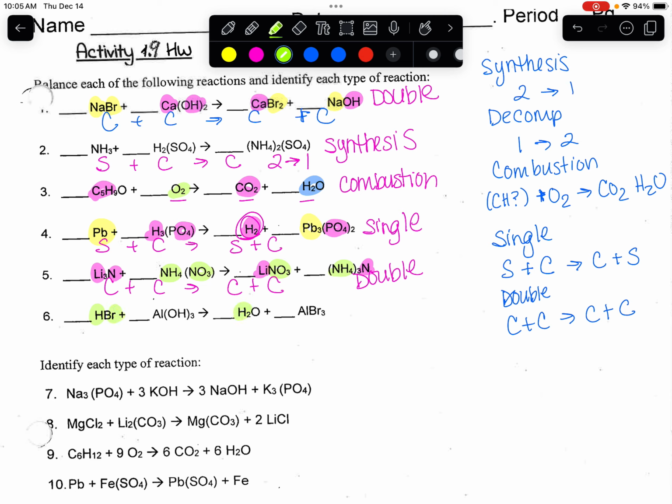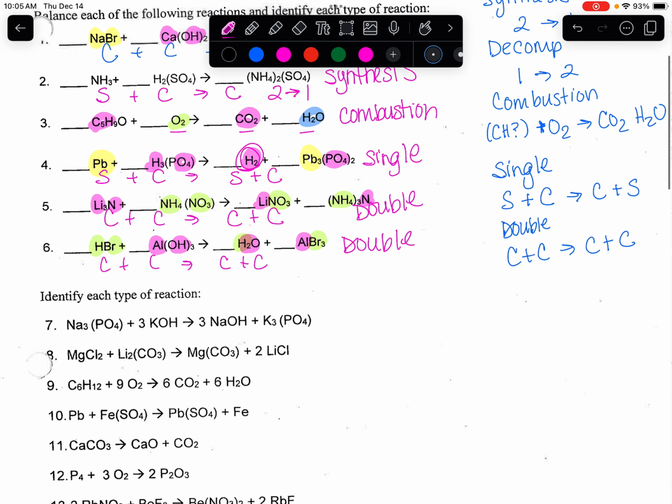I got a hydrogen here and a Br here. And then I had aluminums and OH3s, and I got aluminums. And the OH3 is really here in the H2O. It just is not going to show up the same as that polyatomic ion anymore, so it's a little bit confusing. But I have my something complex plus something complex gives me 2 more complex things. So that is a double replacement.